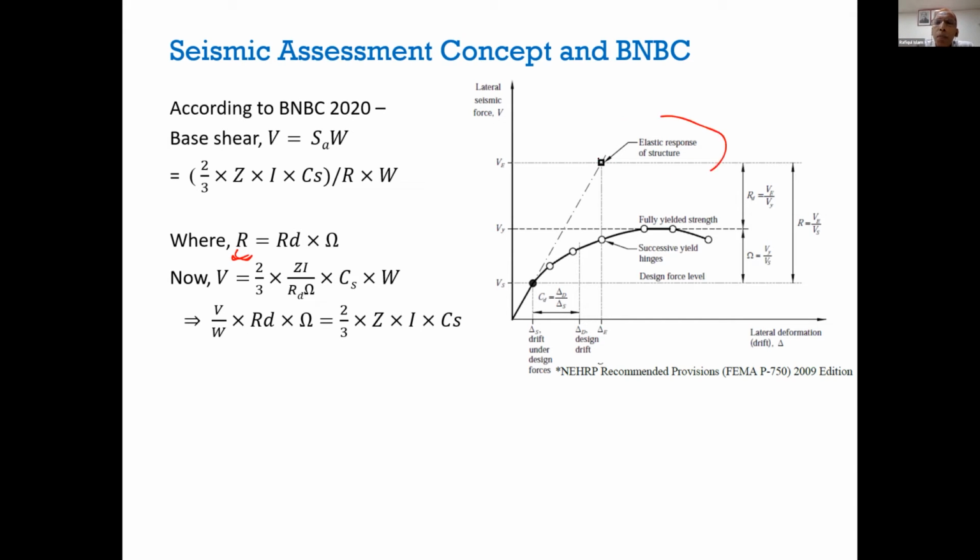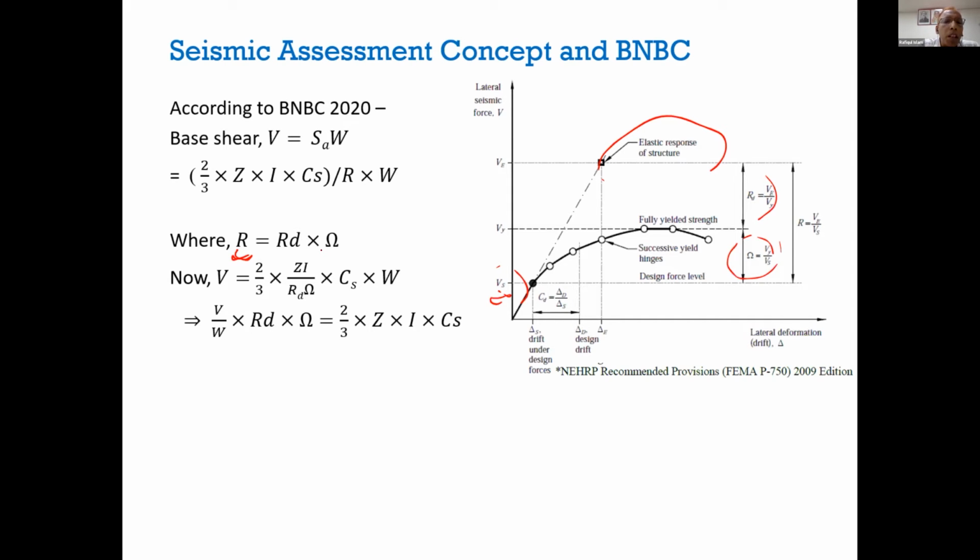This is the elastic response structure, and this is the design base shear, and R comes from one, the overstrength factor omega, and another, the ductility factor from the ductility scale. So we can write R into RD into omega.